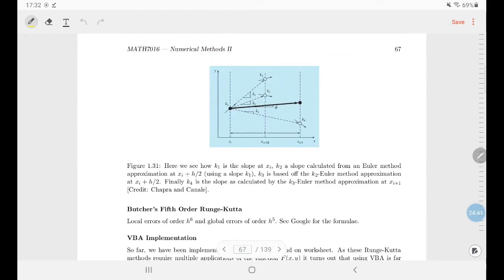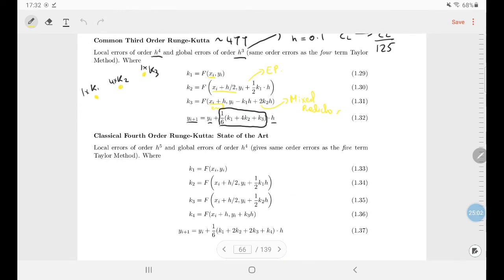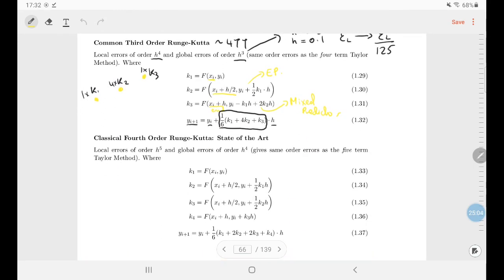So it takes 4 different slopes. It calculates this slope. It does a predictor. So see, this uses K1. So this is a predictor. And then it takes the slope here and here, and I think it averages them out. No, I don't see that.